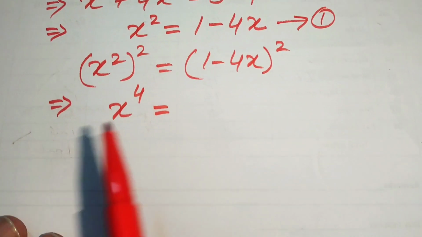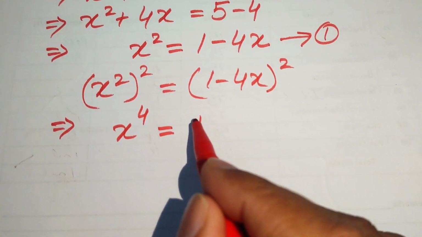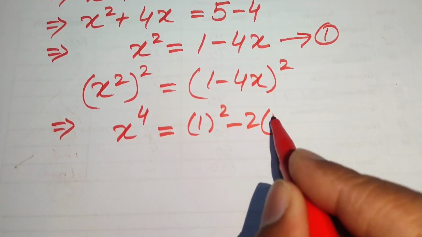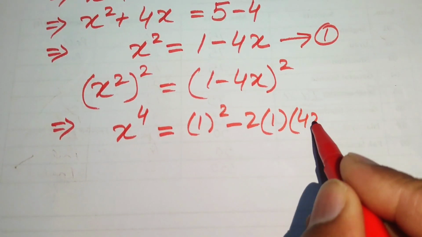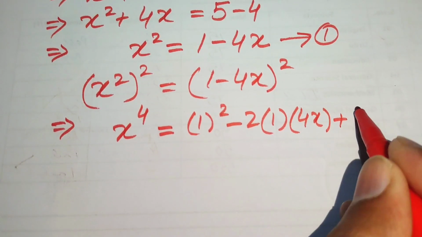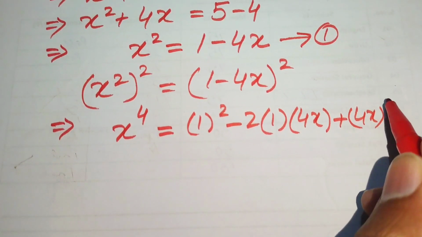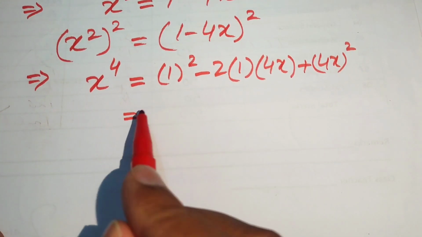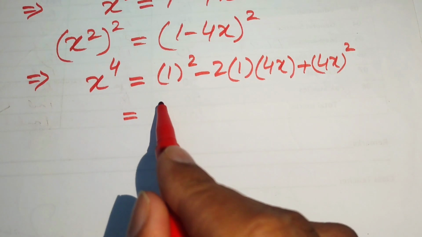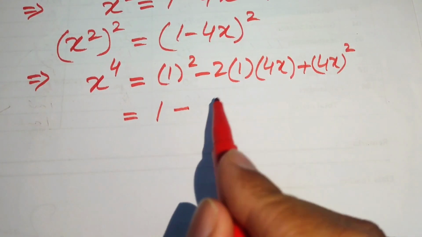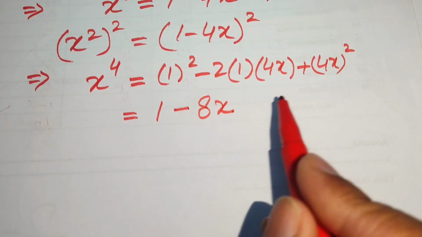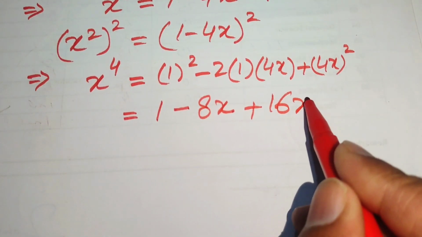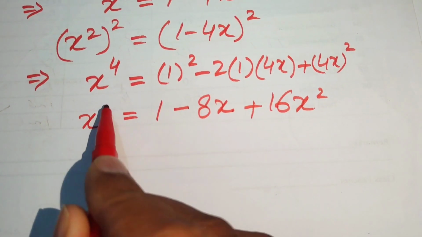According to this formula, it is written as 1 squared minus 2 times 1 times 4x plus (4x) whole squared. Simplifying, we write it as 1 squared minus 2 times 4 becomes 8x, plus 4 squared becomes 16, and x squared stays x squared.